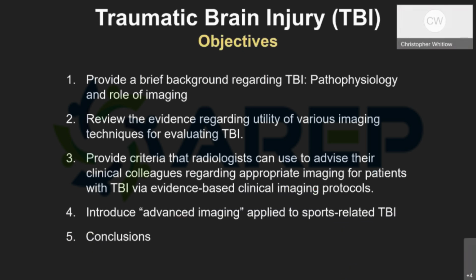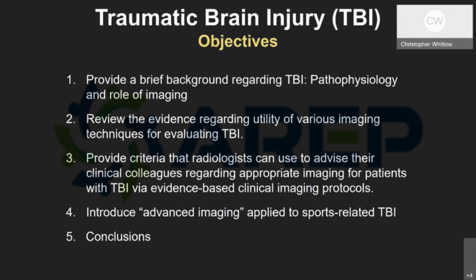All right. So regarding objectives today, I'll first provide a brief background about traumatic brain injury, or TBI, and pathophysiology of injury. Then I'll review the evidence regarding utility of various imaging techniques for evaluating TBI, and provide data that radiologists can use to advise their clinical colleagues regarding appropriate imaging for patients with TBI via evidence-based clinical imaging protocols and recommendations.